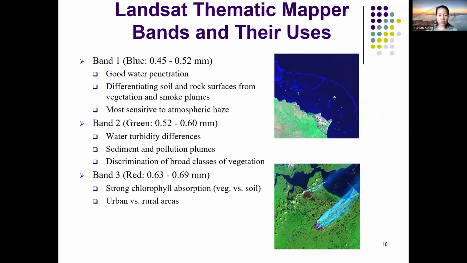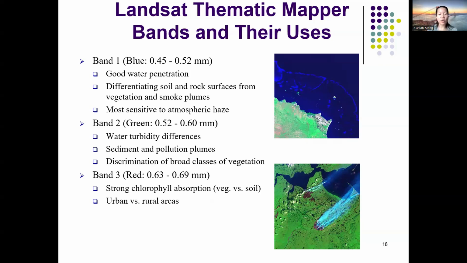It's good for differentiating soil and rock surfaces from vegetation and smoke plumes, and also very sensitive to atmospheric haze because it's the one with the shortest wavelength, with similar size to the particles in the atmosphere or haze.